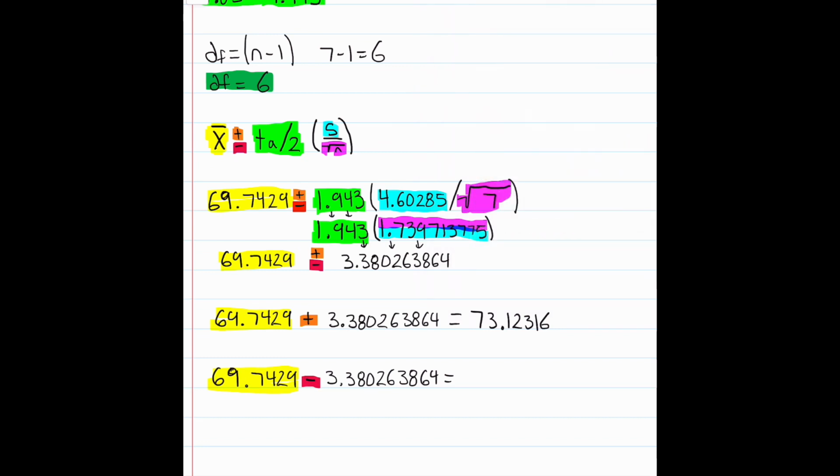That is going to give us 66.36263. And so there are the numbers you're going to use for your confidence interval.